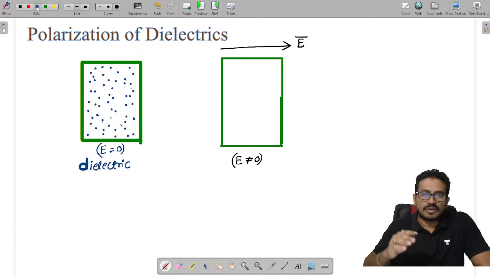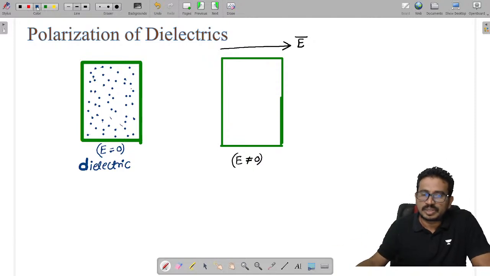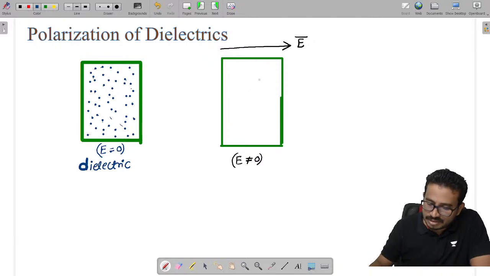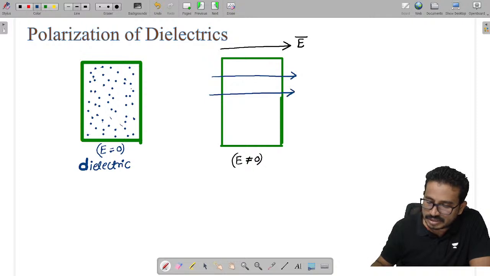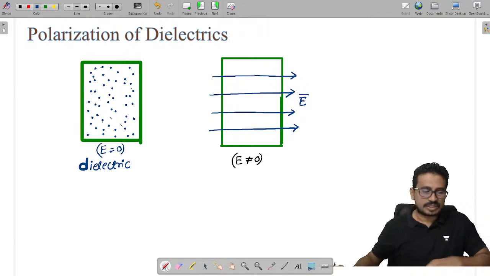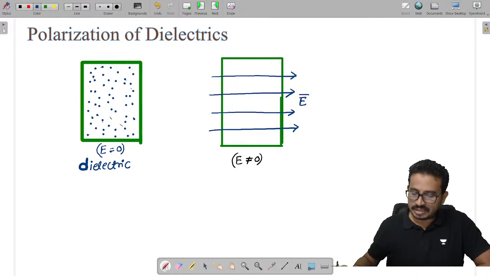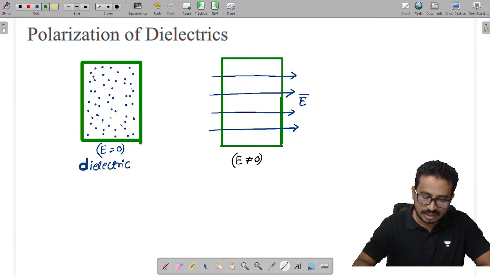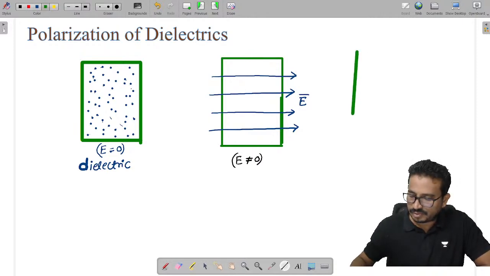When we apply some electric field, the charges inside the dielectric will experience some force.